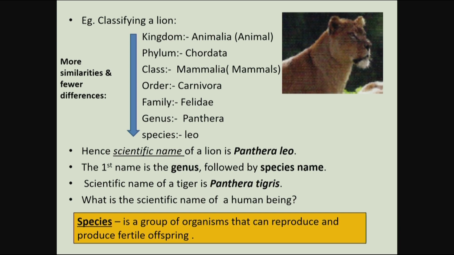So all living organisms can be classified using this hierarchy, from the kingdom all the way down to the species. From this classification, the lion has its scientific name. The scientific name of a lion is Panthera leo, and this name is derived from the genus name, which is Panthera, and the species name, which is leo.